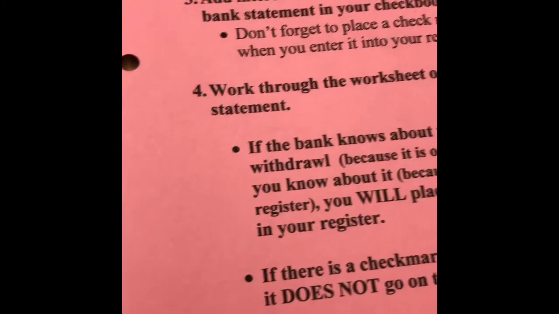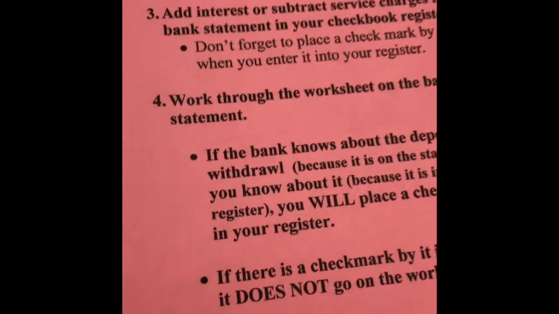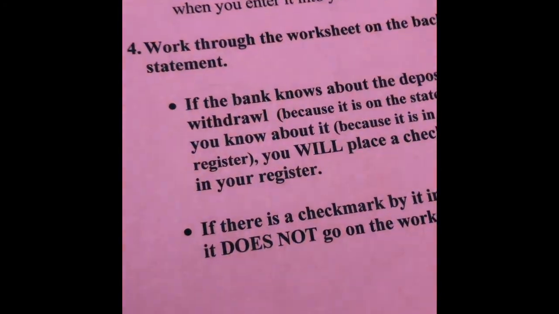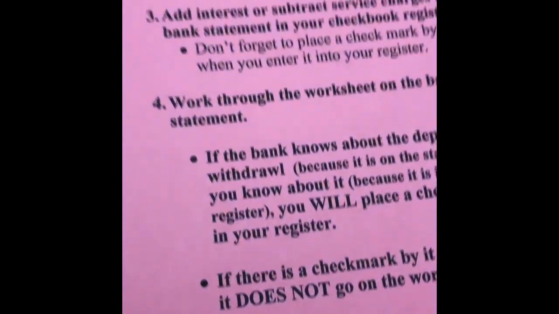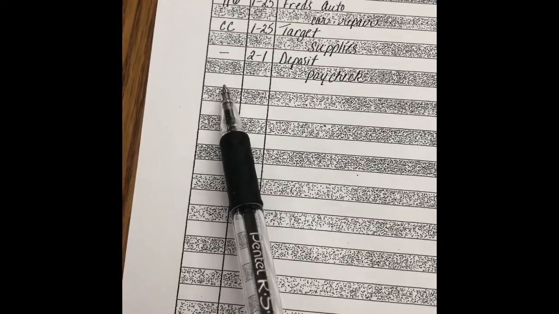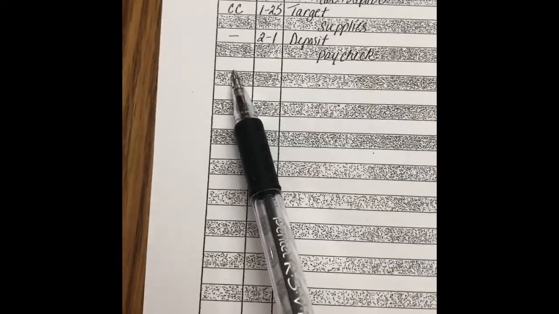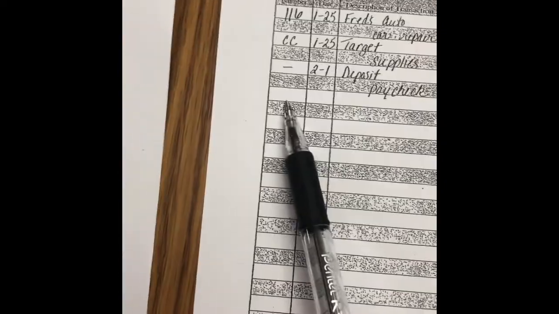And step 3 says that if the bank takes money out of your account, you have to add it into your register. So what would that look like? We don't have one, by the way. But if we did, I would come into my register here and write something like BS for bank statement.